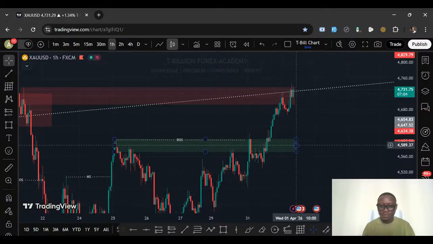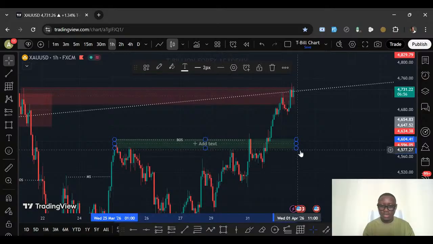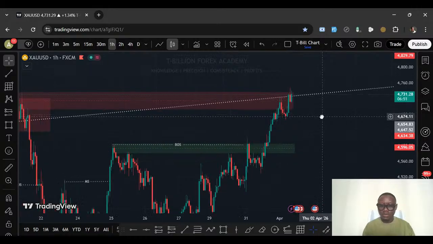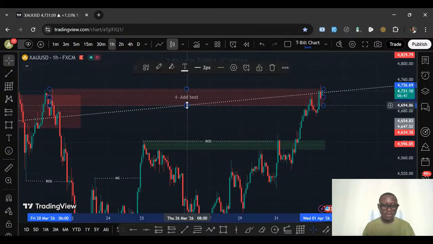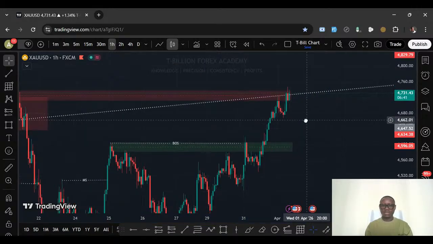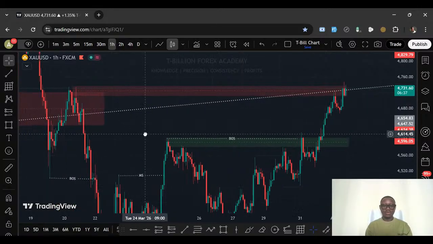So if price can tap into this, we'll take our buy without hesitation. Now let's refine this further to this. So this is where we're expecting gold for a buy, and for a sell. Let's refine it further to this right here. As soon as we get our reversal pattern, then we'll take our trade accordingly.